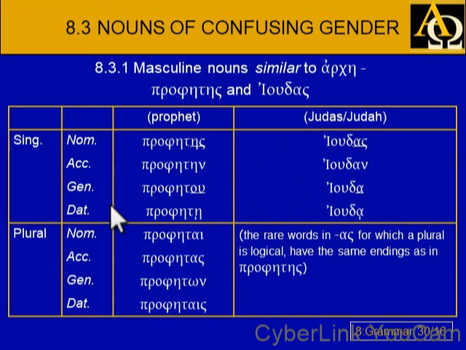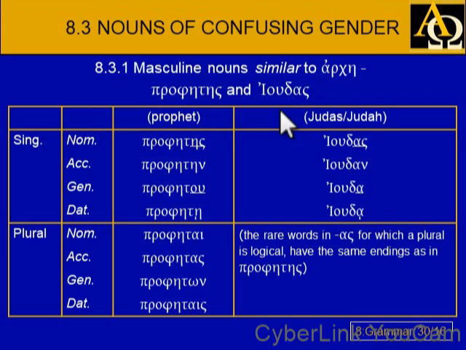So these are the masculine nouns, similar to arche, like prophetes and Judas. These are nouns that have confusing gender, so they look very much like feminine nouns, but they are actually masculine.